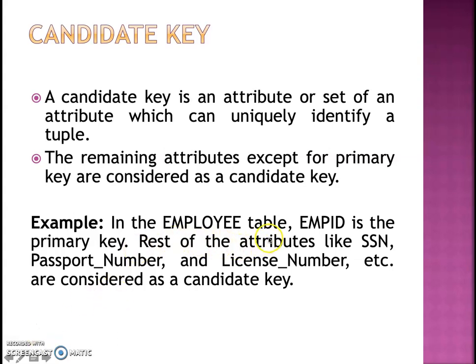In the employee table, EMP ID is the primary key, but there are many other attributes for an EMP like SSN, passport number, license number, etc. They can be considered as candidate keys. They also have unique properties like EMP ID, but EMP ID is the primary key, so the rest of these attributes can be taken as candidate keys. As the name suggests, candidates can be used as a primary key at some instance later.